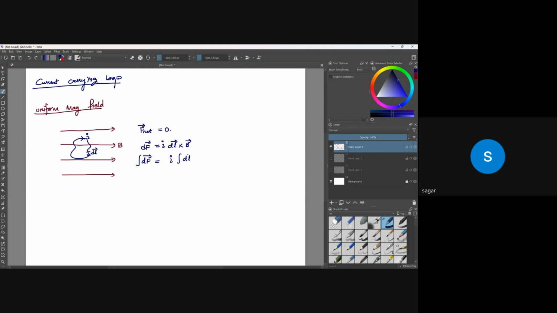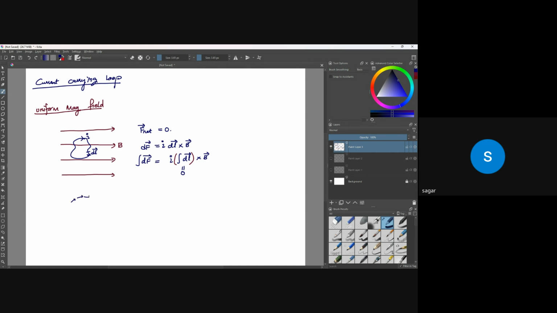I and b bar are constants, so I can take I and b out of the integral. And integral dl bar is simply 0.